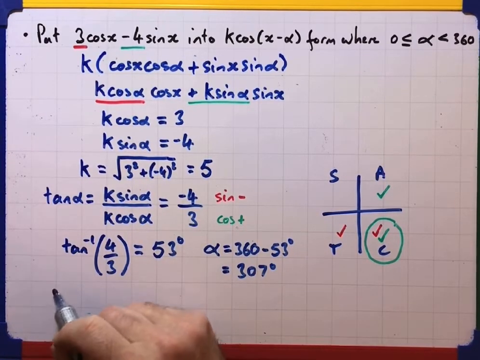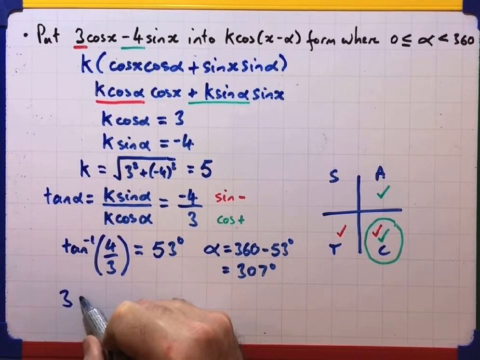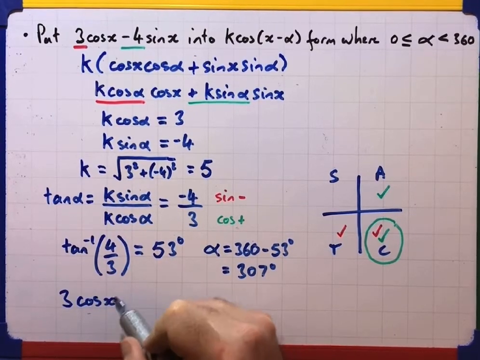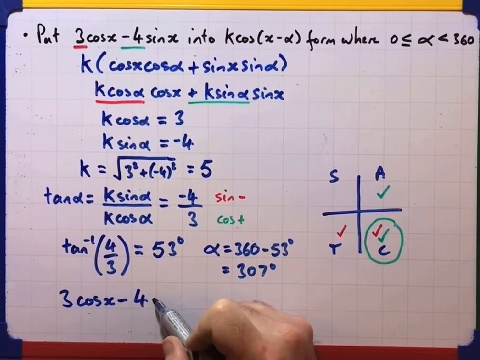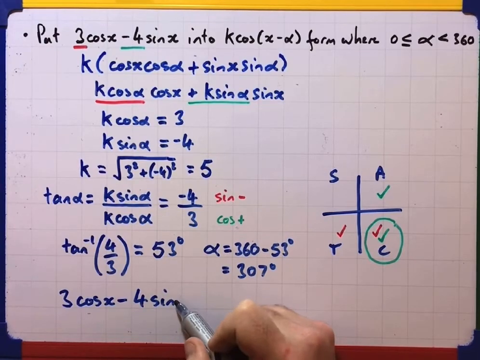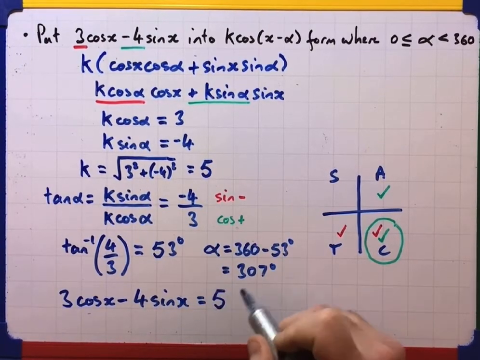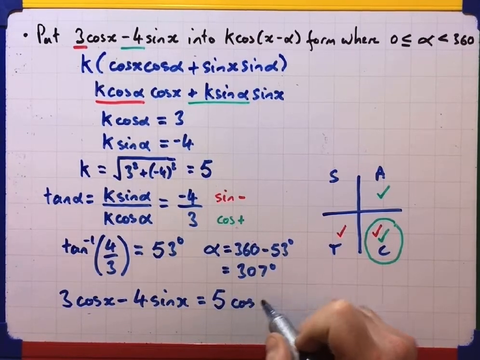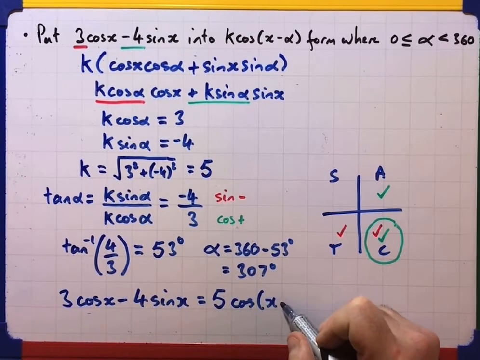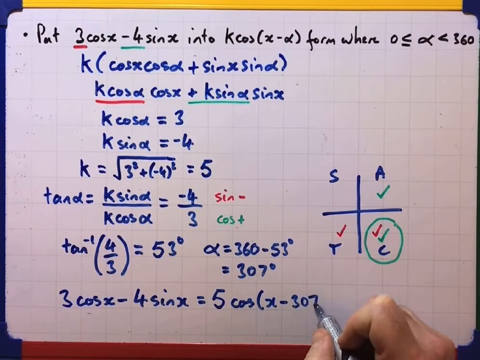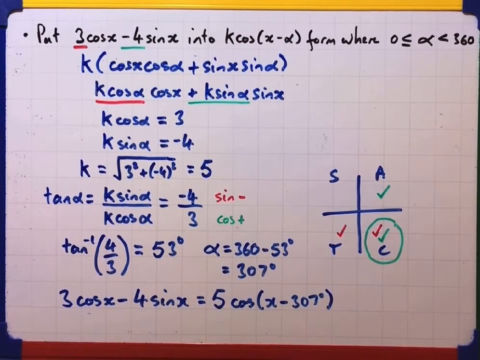So now we can write it. We've got 3 cos x minus 4 sin x equals 5 cos(x minus 307 degrees). Okay, and that would be that one done.